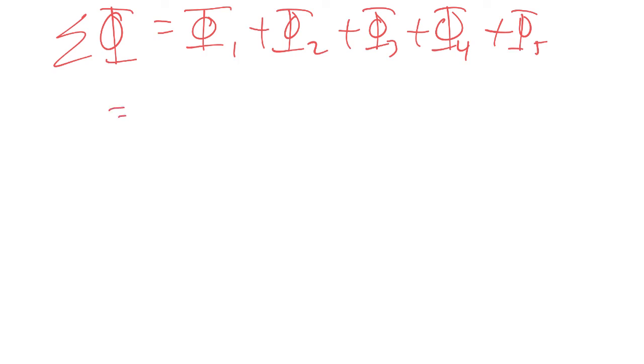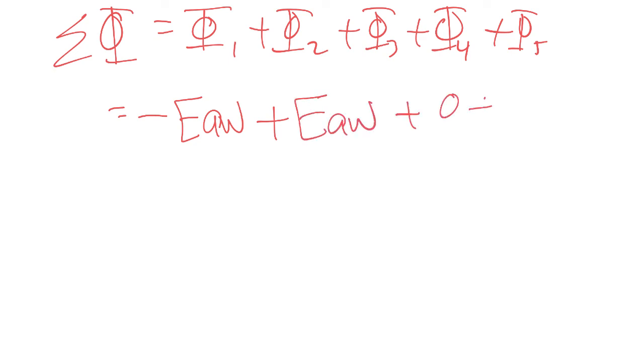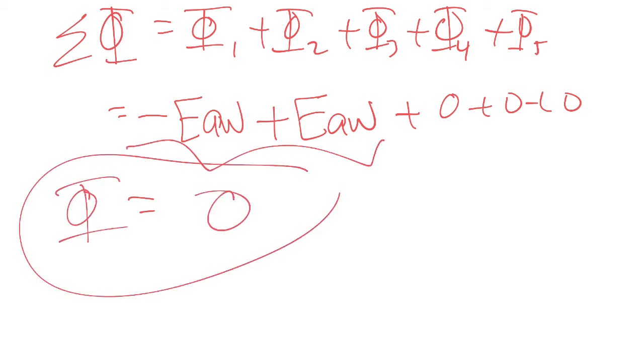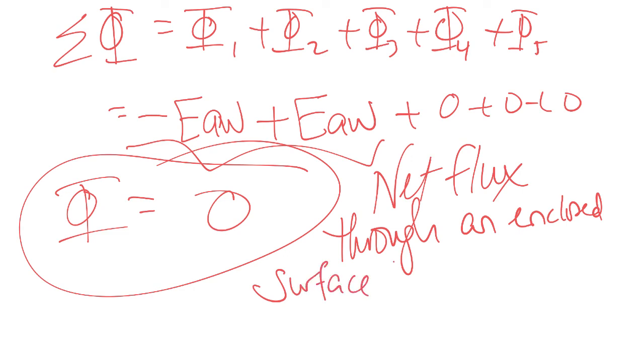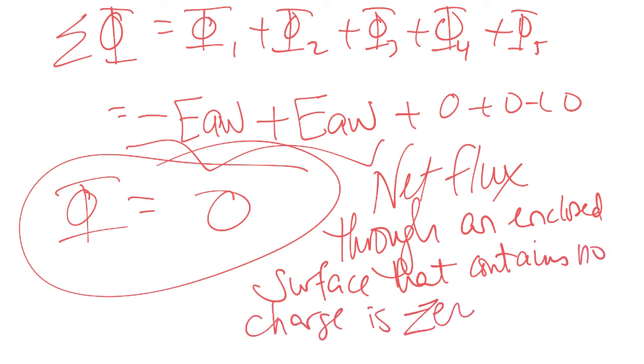That's negative EAW, and that was EAW, and then that was 0, 0, 0. And guess what? It's still 0. The important thing is that the net flux through an enclosed surface that contains no charge is 0.